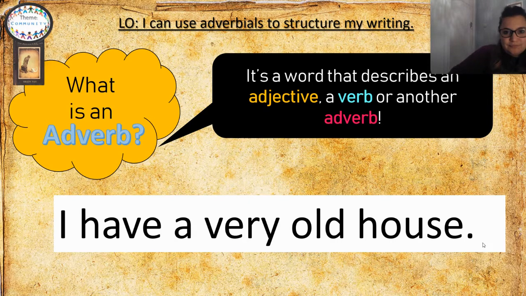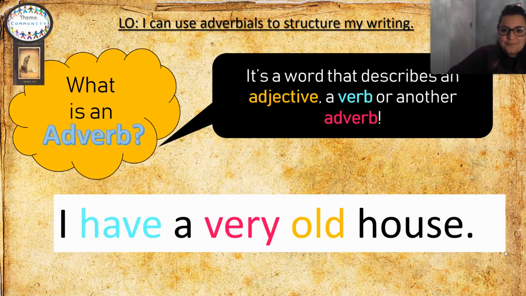Here's a simple sentence. I have a very old house. Can you pick out the adjective, the verb, and the adverb? Pause the video so you've got time to think. Here's the answer. So our adjective is the word old.